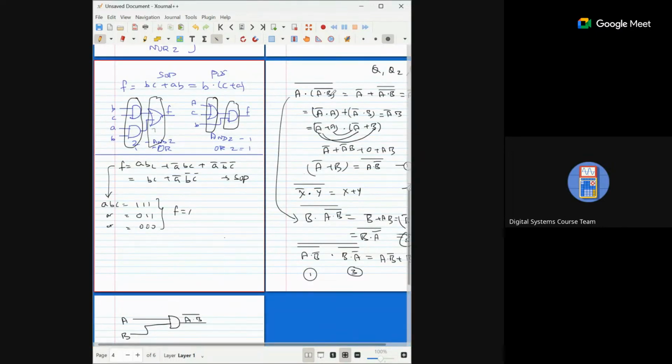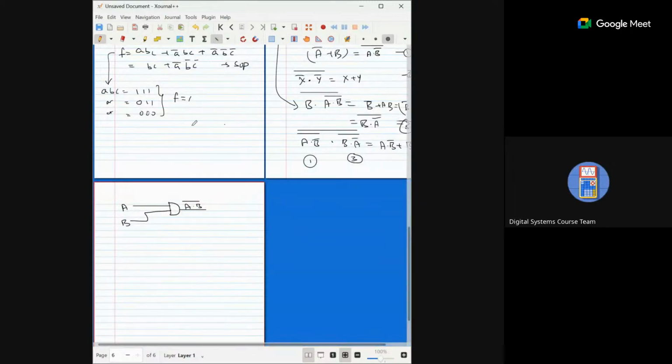Next, A dot B the whole bar is given as input to a NAND gate; A is one of the inputs and A B the whole bar is the other input. So A I'm taking directly and this output directly. Sir, you implemented an AND gate instead. Yeah, sorry, exactly, NAND gate. Is it okay? Yes, sir.